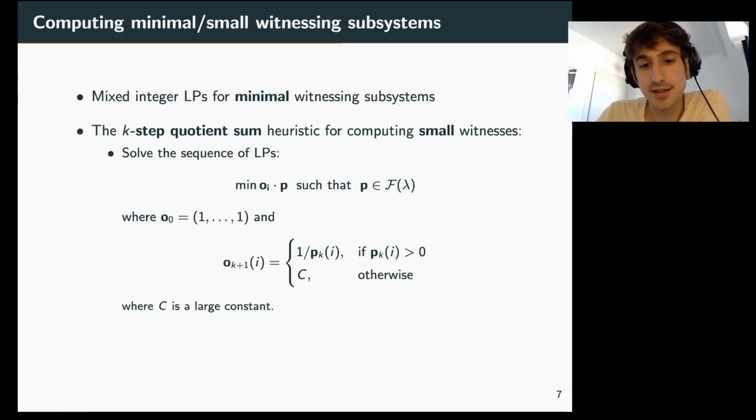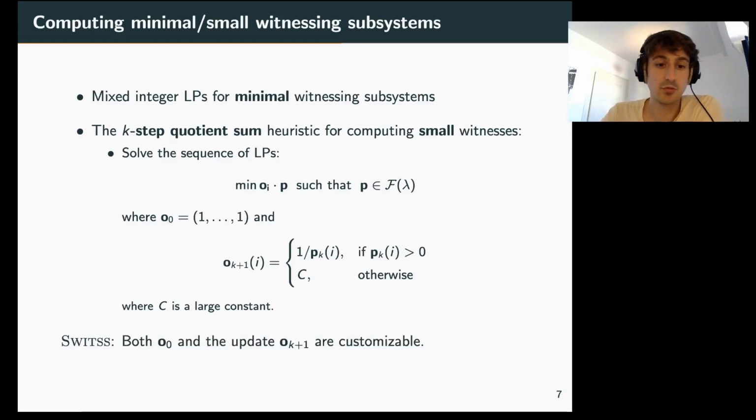And the idea is that entries that have very low values will get very high values in the objective function in the next round, because we hope that while now the entries were very small, in the next round maybe we can push them to become equal to 0. So we increase the weight that this entry gets in the minimization.